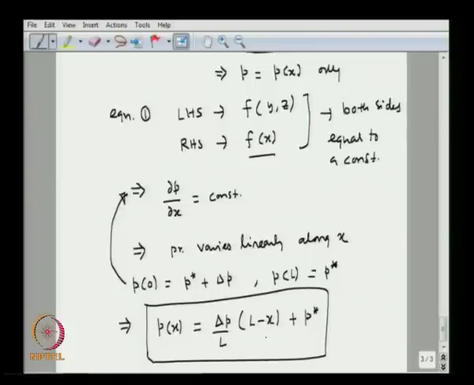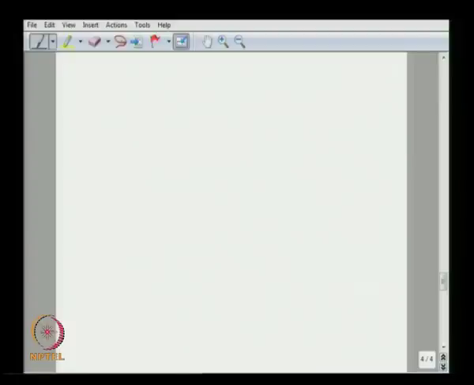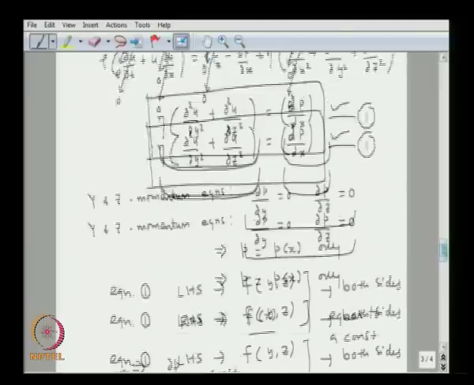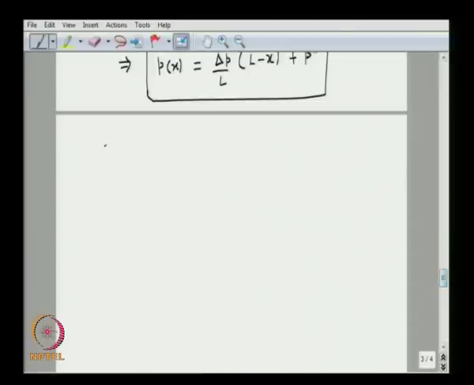So, if you put x equal to 0, the pressure will be P star plus delta P, and if x equal to L, then pressure is going to be P star, right. So, in that case equation 1 would become del square u over del y square plus del square u over del z square equal to minus delta p over eta L. Okay.